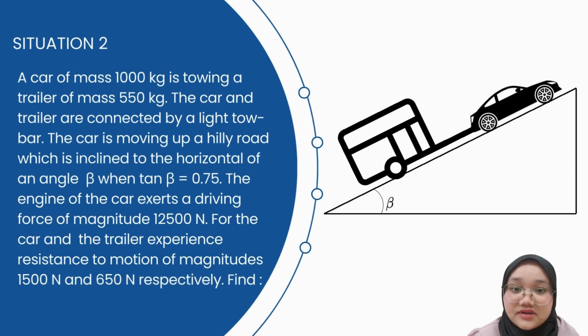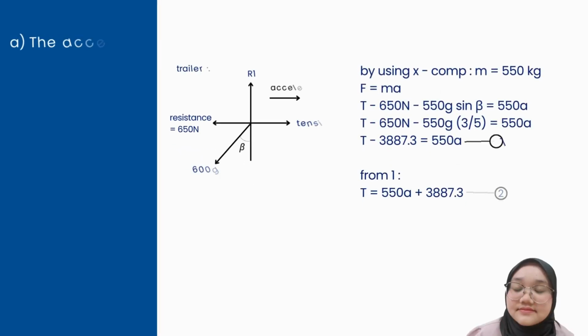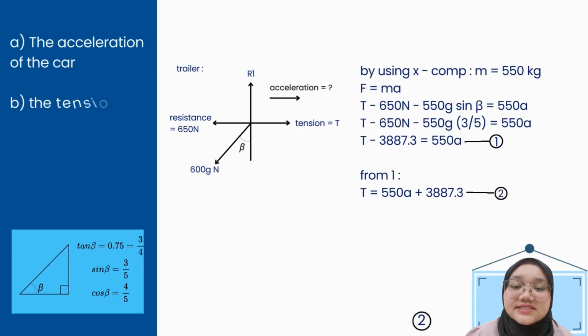The engine of the car exerts a driving force of magnitude 12,500 Newton. The car and the trailer experience resistance to motion of magnitude 1,500 Newton and 650 Newton respectively. The situation is like the figure shown beside. A, find the acceleration of the car, and B, the tension in the tow bar.